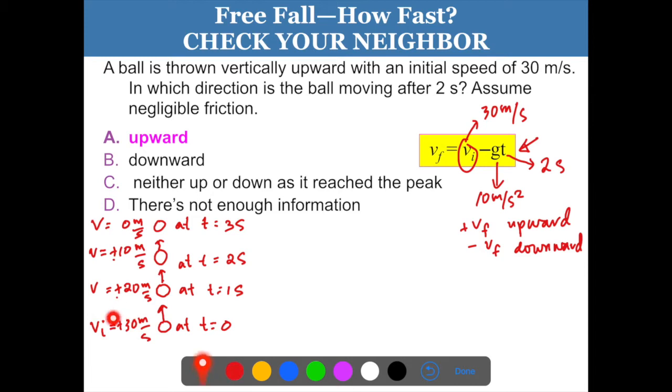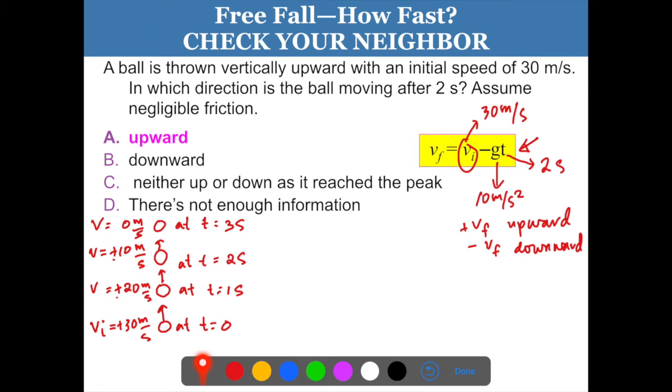So you can see the pattern here. Initially, it was thrown at 30 meters per second. After 1 second, the speed decreased by 10 meters per second, so it's now 20 meters per second. The velocity is still pointing upwards, so you have that positive sign. After another second, the speed decreased by another 10 meters per second.